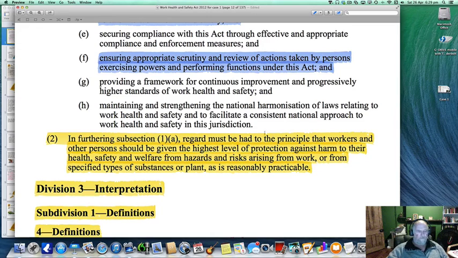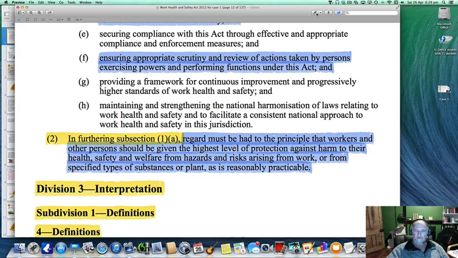Okay, and then they've got this sort of overall thing here, and that really is very good. So regard must be had to the principle that workers and other persons should be given the highest level of protection against harm to their health, safety and welfare from hazards and risks arising from work or from specified types of substances or plant, as is reasonably practicable.